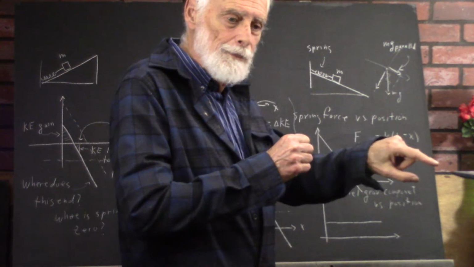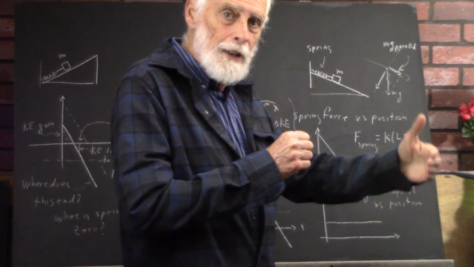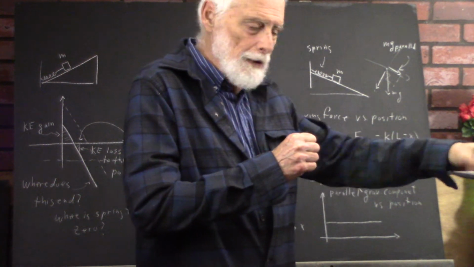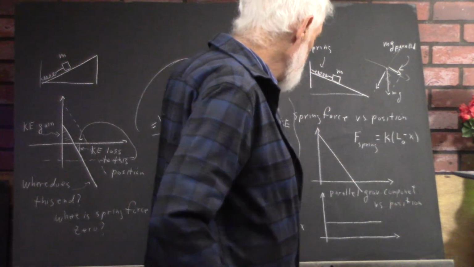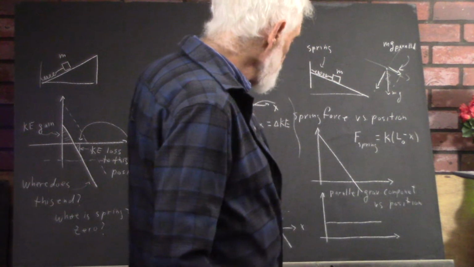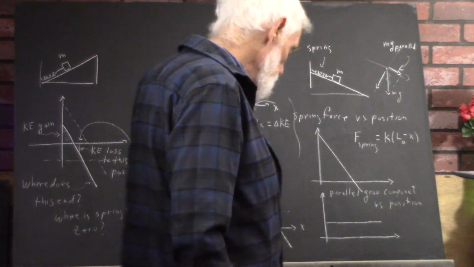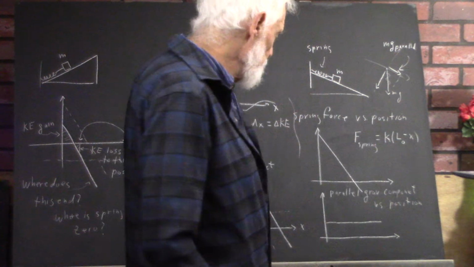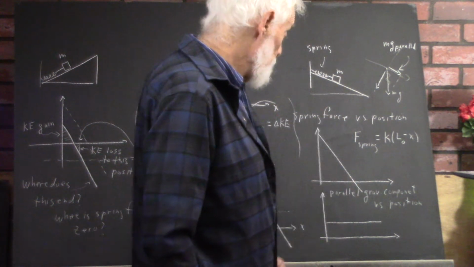The force decreases as the spring decompresses, gets to the uncompressed, unstretched length, but then moves beyond that length and the spring starts pulling backward. So you have a negative force at that point. So this thing just keeps going. Well, that's force versus position. And you can get into a harmonic motion situation. We're not going to talk about that yet, but it's important to understand when we get to that.